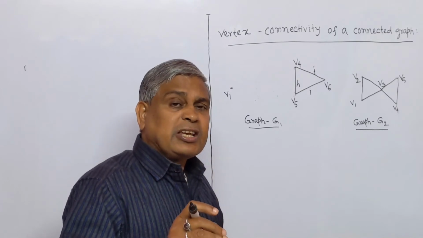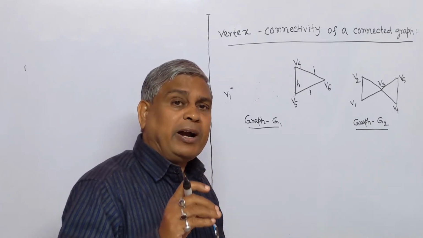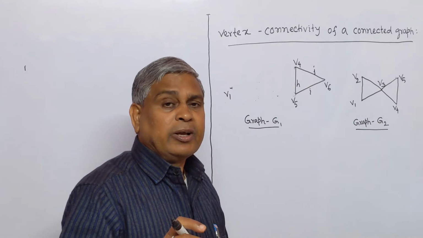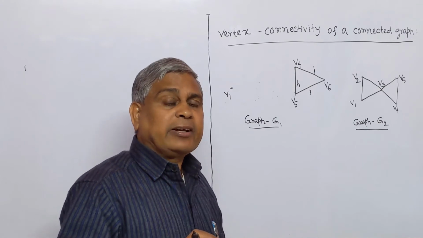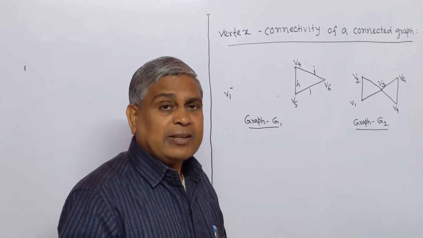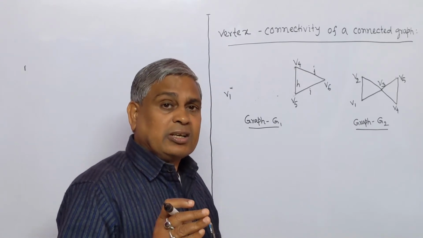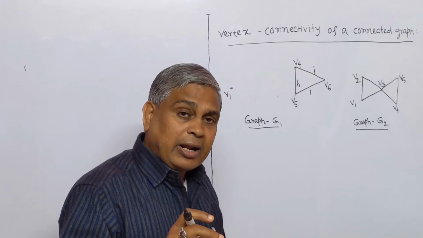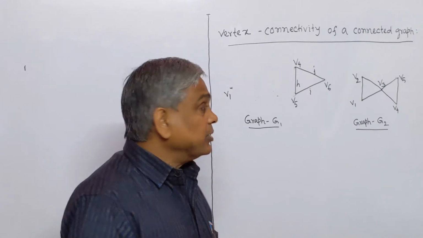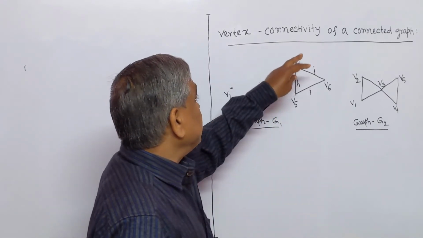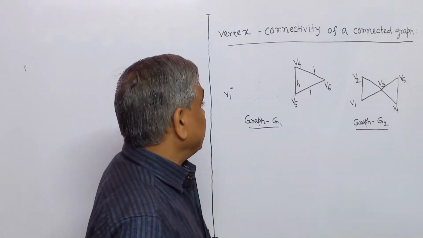In this process, if minimum number of vertices are removed and we get two disconnected graphs, then that minimum number is called the vertex connectivity of the connected graph.